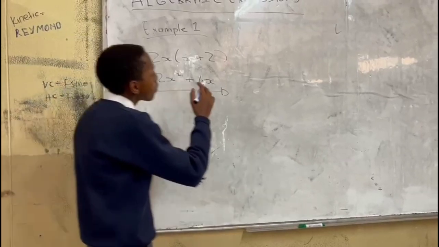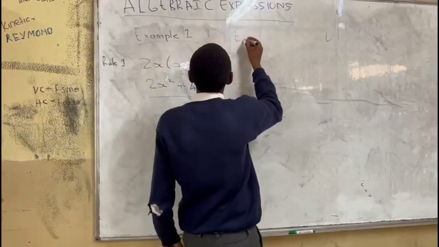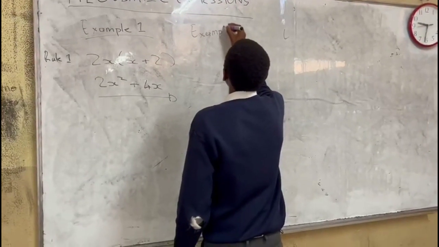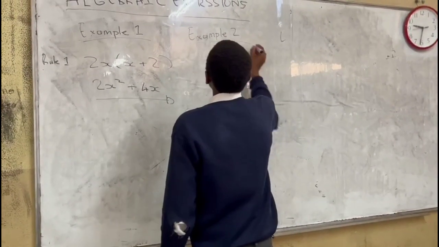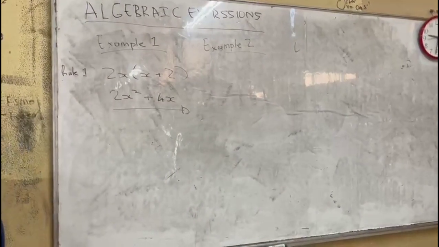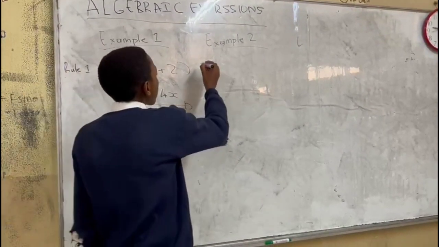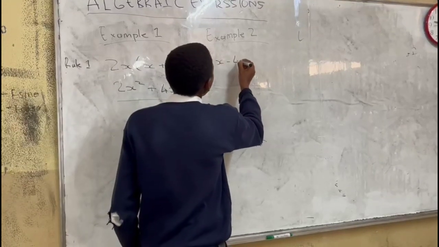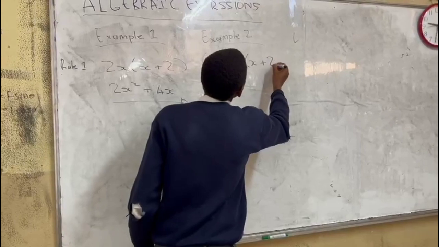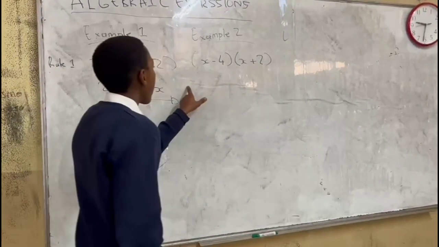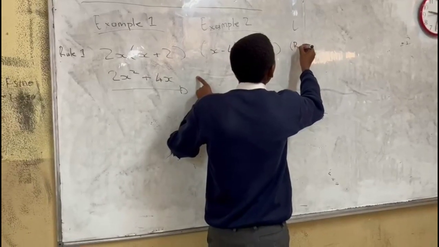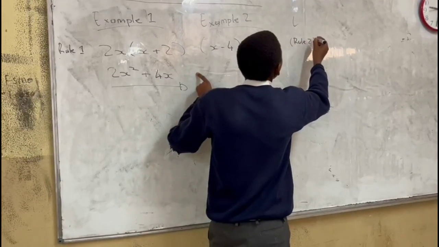Then we go to example 2. Okay, example 2 will be a little bit trickier, but not that much, because we're going to use (x - 4)(x + 2). Then we need to simplify. Understand? This is where we use our keyword, rule number 2.